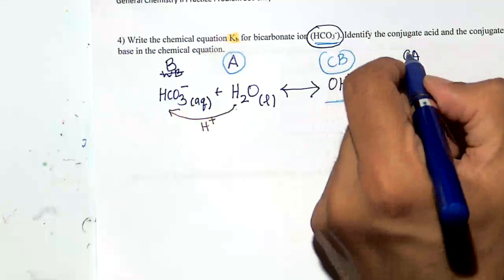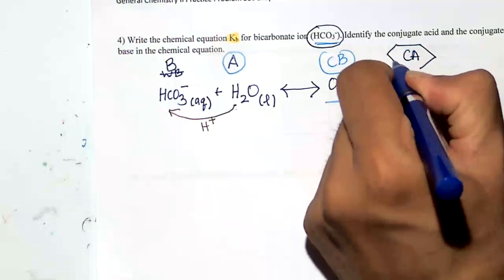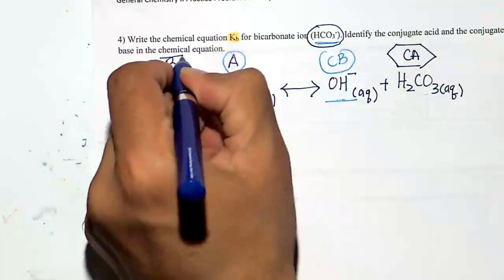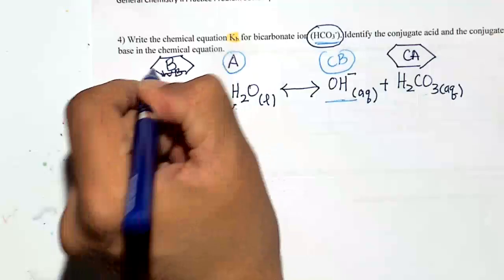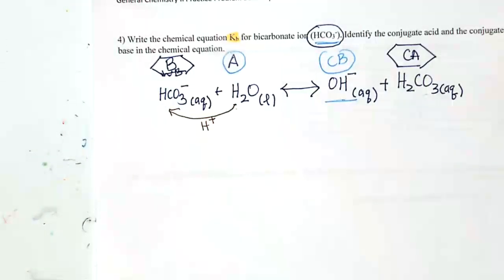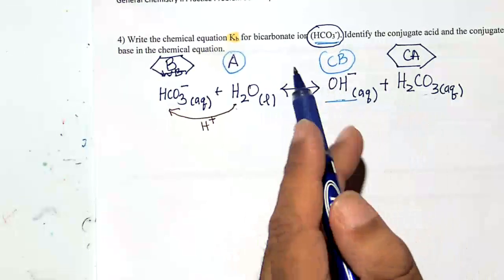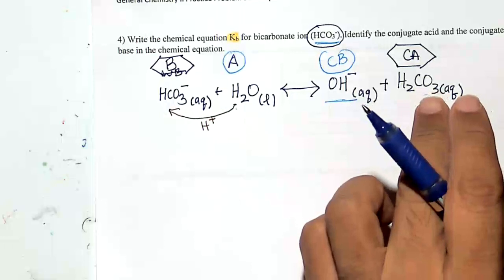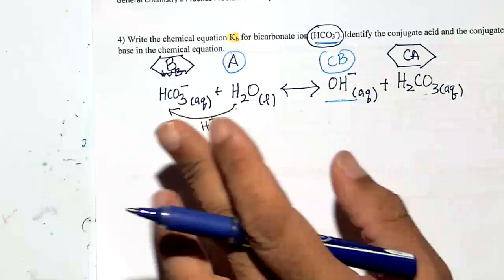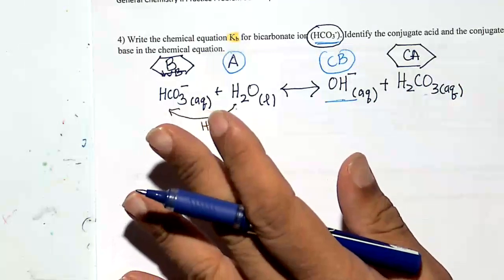It's H2CO3. So that's a pretty straightforward problem. On the exam you'll be given a similar weak base. You just have to follow this. Make sure you have the correct conjugate acid for this conjugate base.